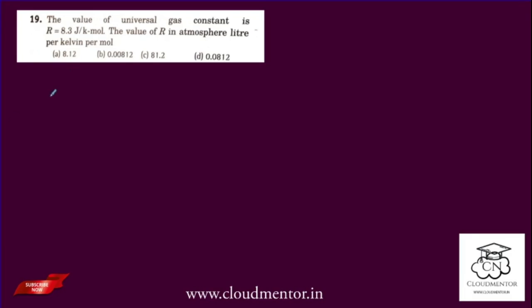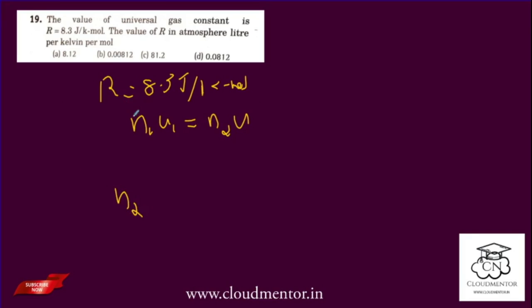Here also we can use the same formula, N1 U1 equal to N2 U2, where U1 and U2 are the units, while N1 and N2 are the numerical values. We have to find N2, which will be equal to N1 U1 by U2.